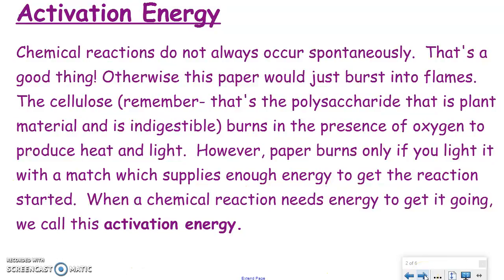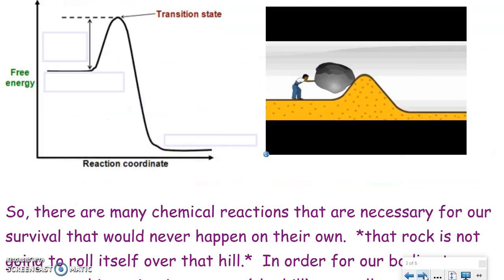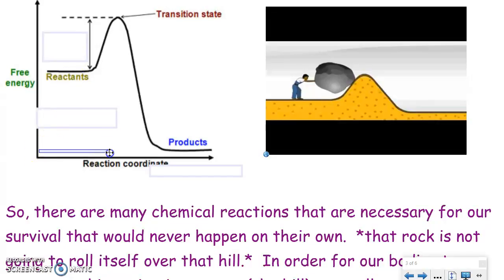So we're getting closer to the whole idea behind how enzymes work. So here's what happens. We start over here with our reactants. This is their potential energy right here. However, we want to get down to the products. We want to go through this chemical reaction from beginning to end.